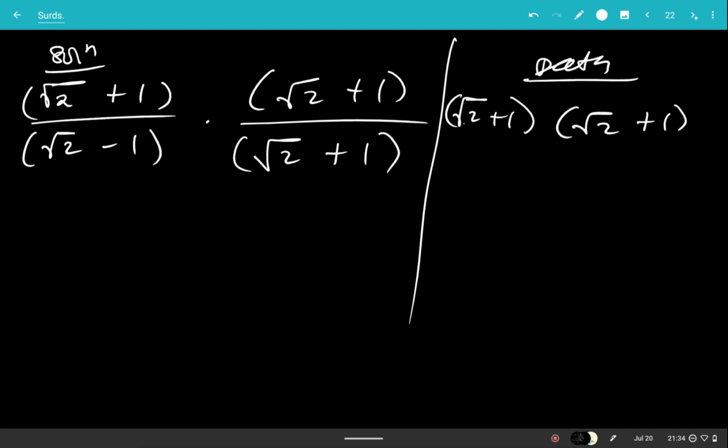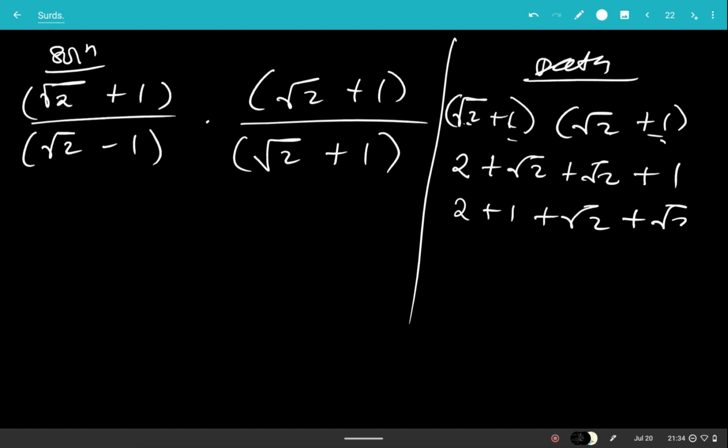So root 2 times root 2, that is 2. Root 2 times 1, that is root 2. Then 1 times root 2, that is simply root 2. Then 1 times 1, that is basically 1. So you have 2 plus 1 plus root 2 plus root 2. So you have 3 plus 2 root 2.